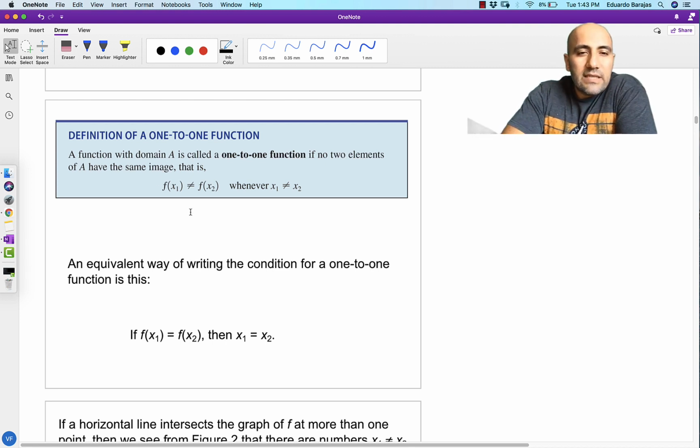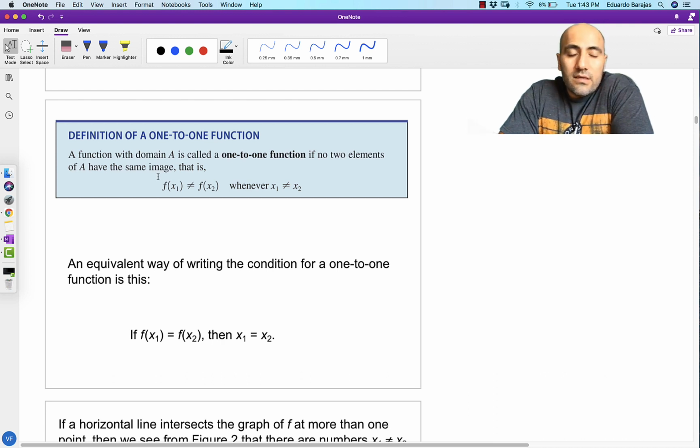Okay, this presentation of this rule, I think, is a little bit more complicated than it needs to be. I've never really liked that style of presentation for it, so I don't really use it. This is mathematically equivalent to this one, and I think it's just a little more straightforward, right? So an equivalent way of writing the condition for a one-to-one function is that if f of x sub 1 equals f of x sub 2, then it must be the case that x sub 1 equals x sub 2, right?